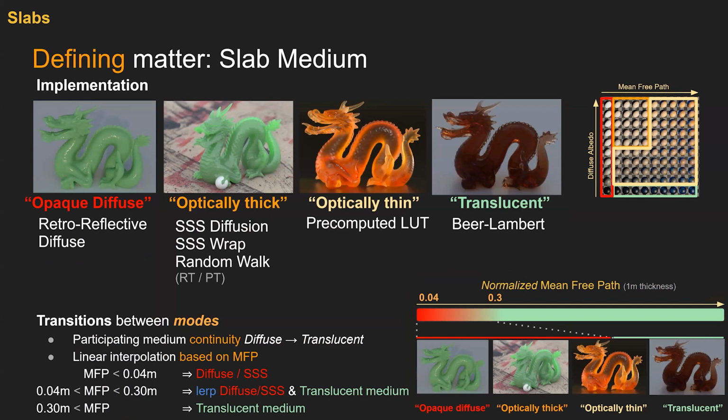We have the optically thin, which is pre-computed data so that we can get the milky look, and the translucency, which is purely a Beer-Lambert and interpolation scheme for getting the full spectrum of appearance again. And with that set of slabs and operators, we can manipulate slabs.